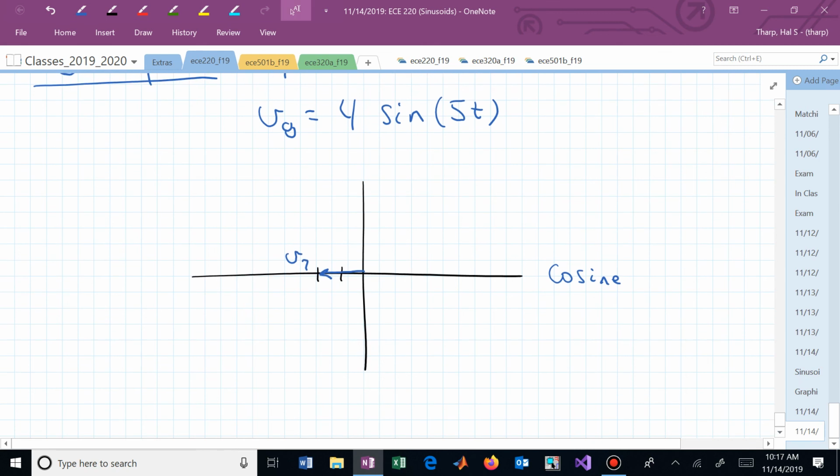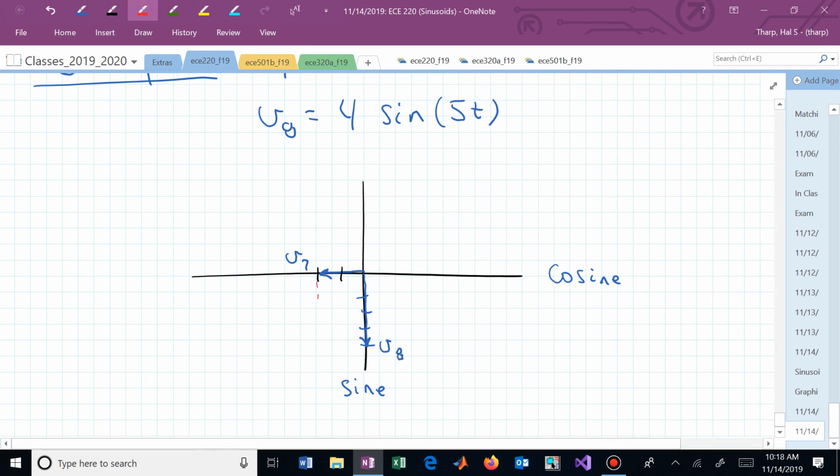Here is our sine axis, down here, and that's consistent because we know the sine lags cosine by 90 degrees. That's why it's down in the negative direction of our normal thought process. We now do this for V sub 8.